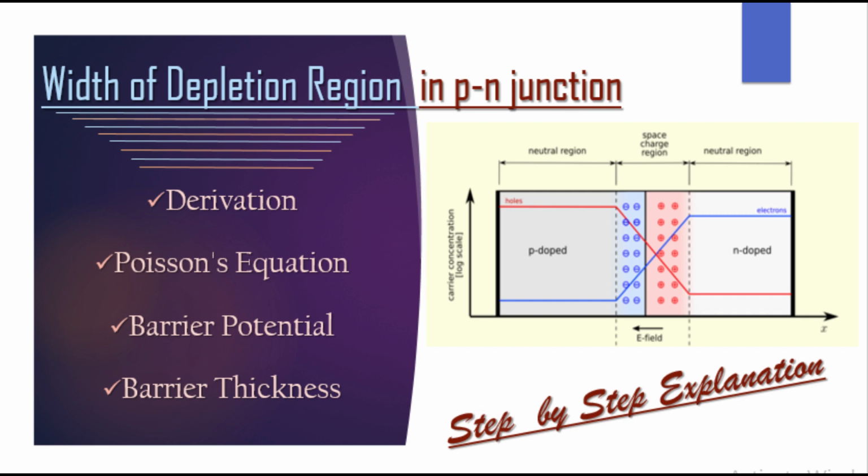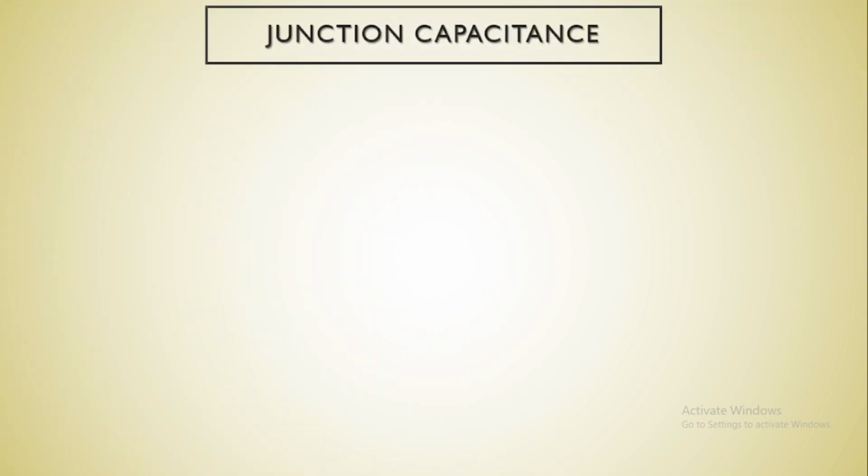And after understanding all these things, today we are going to study about the junction capacitance and its determination. So if you look at the word junction, we understand that we are dealing with the p-n junction, and junction means especially the region where they meet, that is n-type and p-type semiconductor.